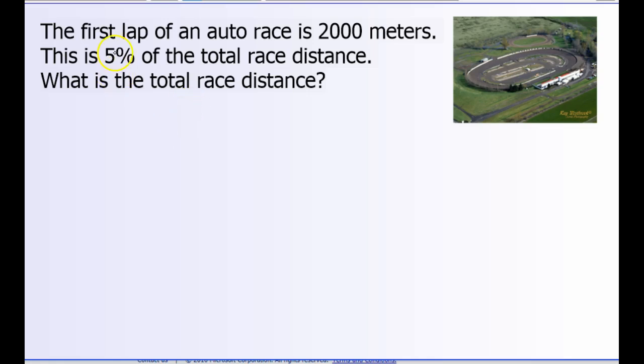Next problem says, the first lap of an auto race is 2,000 meters. This is 5% of the total race distance. What is the total race distance? Well, we know that the first lap is 2,000 meters, and that is 5%.